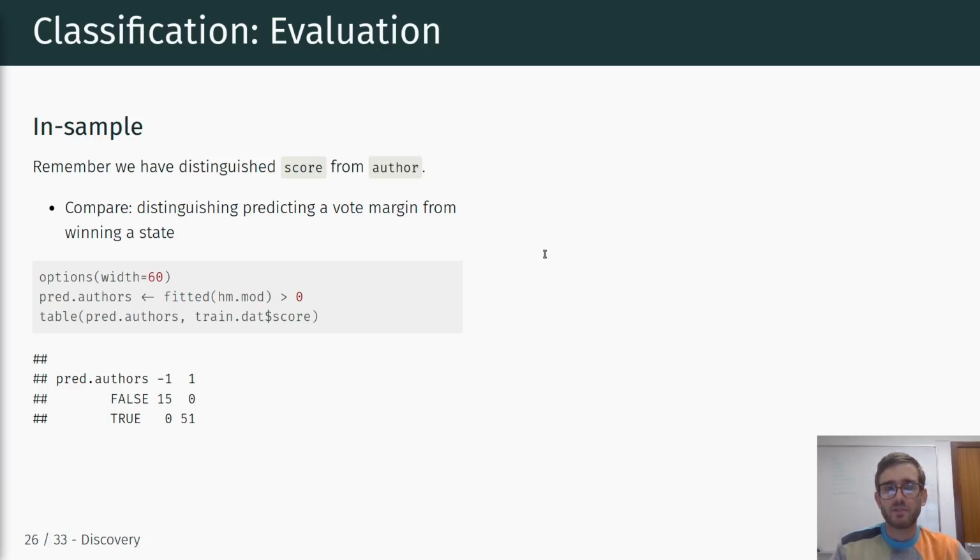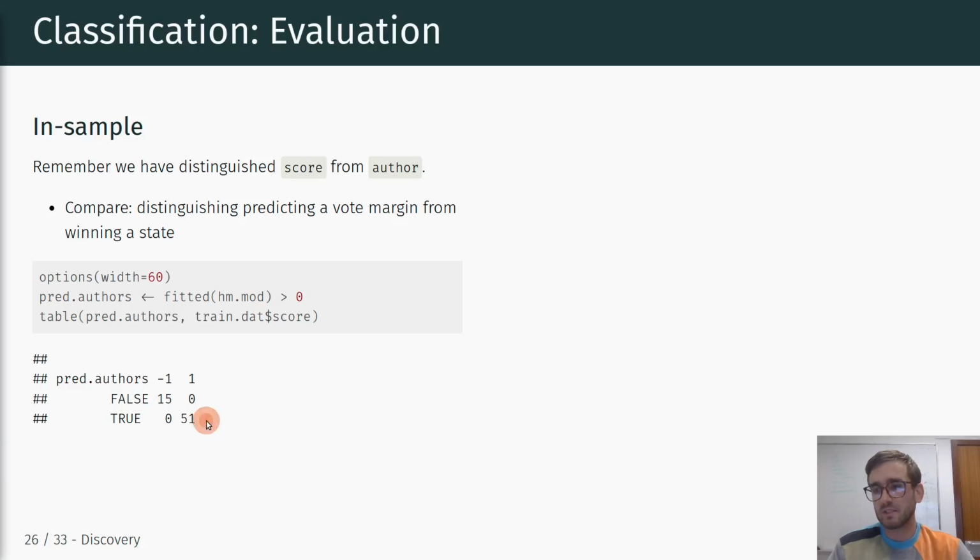Okay, so here what we're going to do is look at the fitted value, which is just the model fit for each observation in the training set, and we look at whether this is larger than 0, which means we would predict authorship by Hamilton, and we compare this with our score, which is just the numerical representation of the true authorship, right?